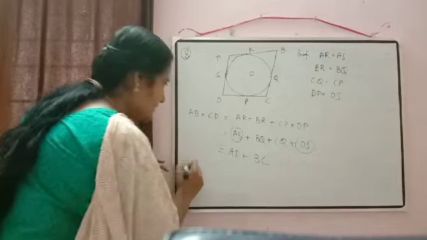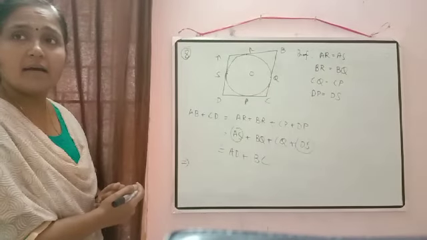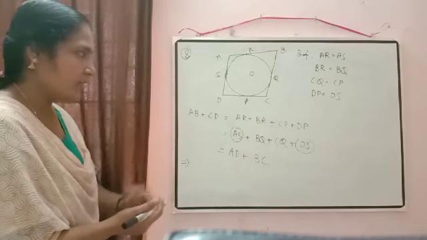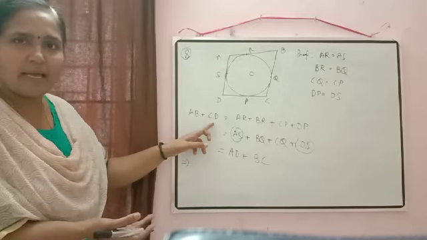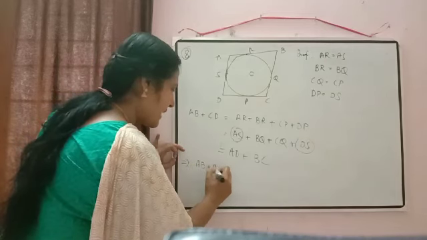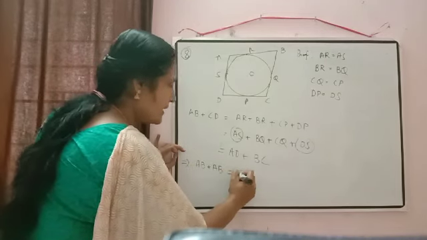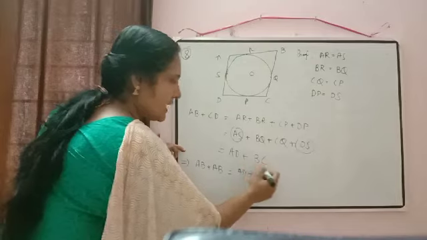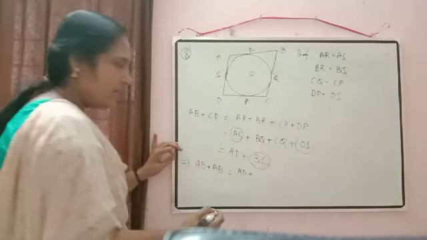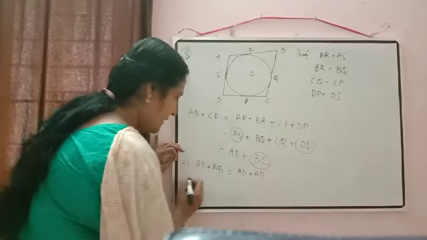Now what is the relation in AB and CD? AB and CD, they are equal in length. So CD also I can replace by AB only because it is a parallelogram. So I am writing it as AB only. Is equal to AD plus. So shall I write BC also as AD only because opposite sides are equal. So I wrote here AD.